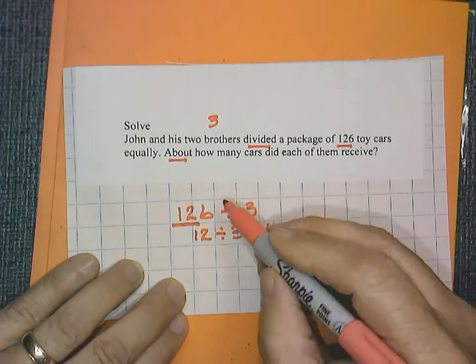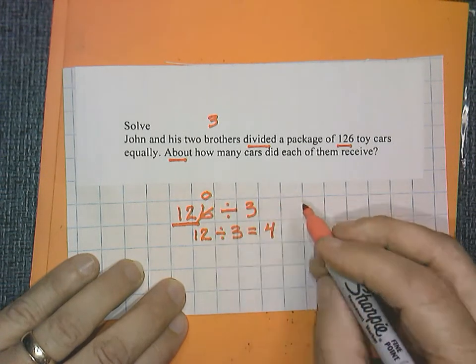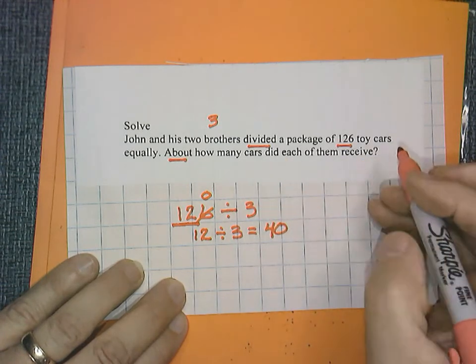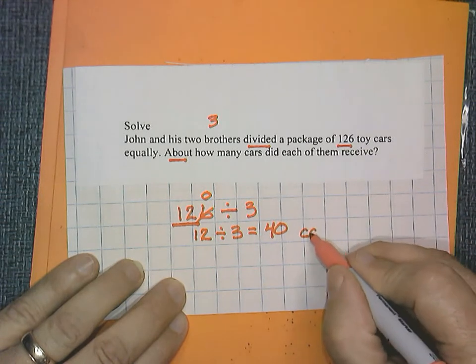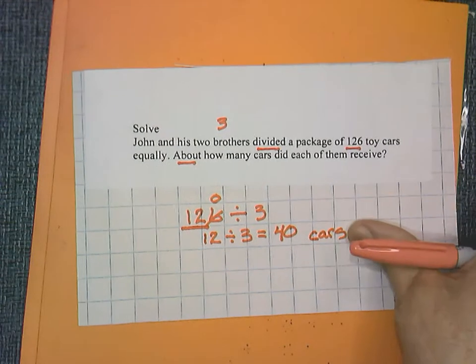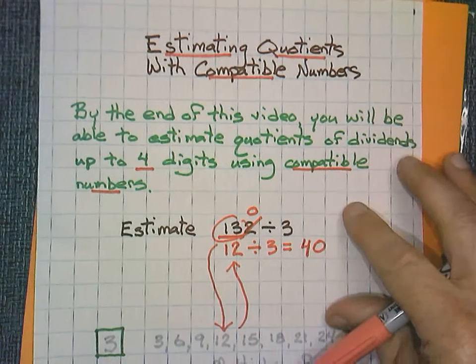I still have this 6. Cancel that out and turn that into a 0. I count my 0, 1, and write my 0. So about how many cars did each of them receive? We could say that each of them received about 40 cars.